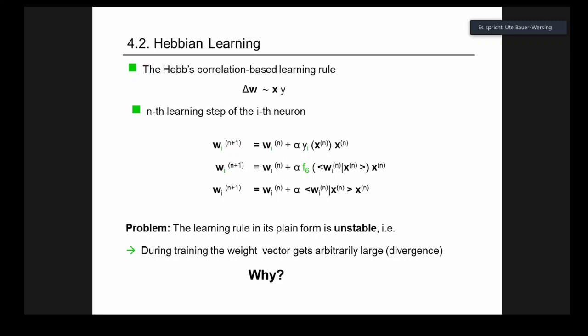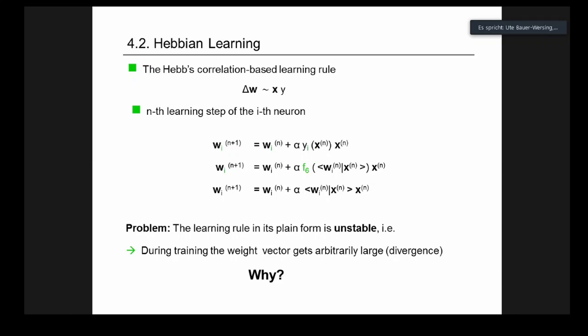Yeah, the termination of the learning algorithm is probably when weights do not change anymore. So you apply the learning rule and you recognize that now the weights do not change anymore. That could be that point. Okay, thank you. We will come to this point later when we understand what this learning rule delivers.